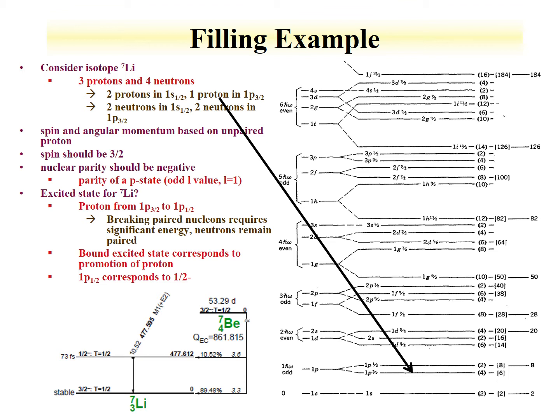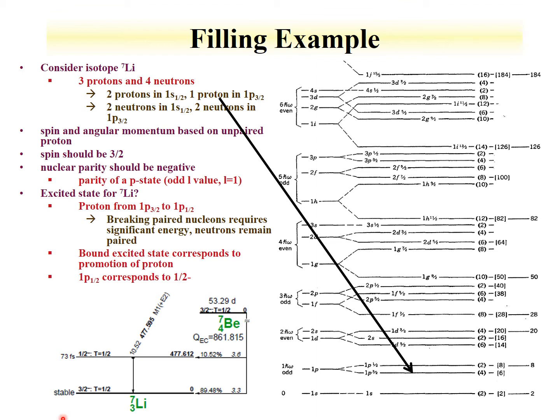The spin, if it's 1p 3/2, the spin should be 3/2. The parity is based upon the p state. It has an L value of 1, so the parity is odd, so the parity is negative.